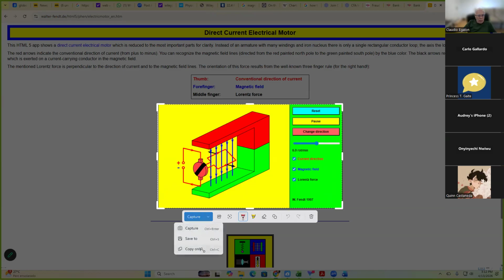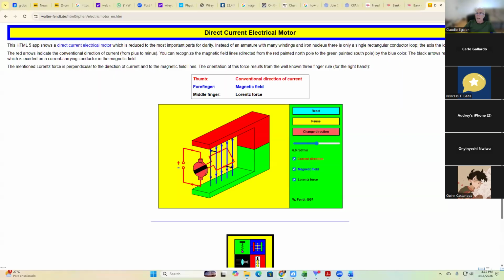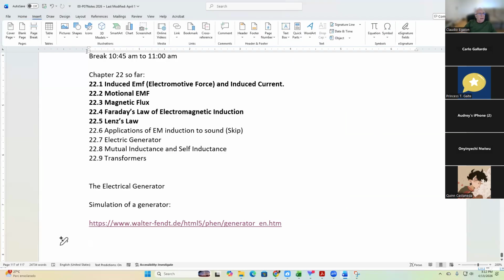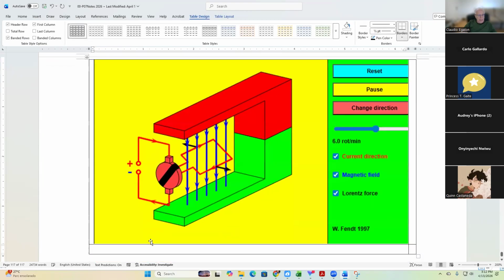I'm gonna copy. Okay, electric motor. Insert table. Here we go. I'll put my electric motor here. I don't need the whole thing.